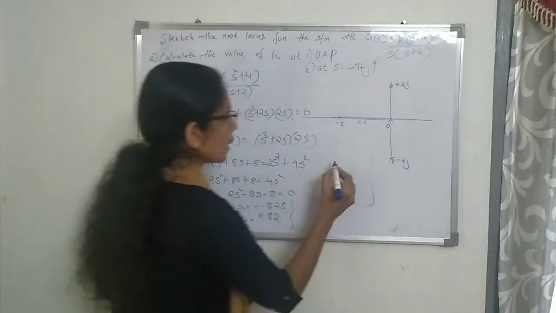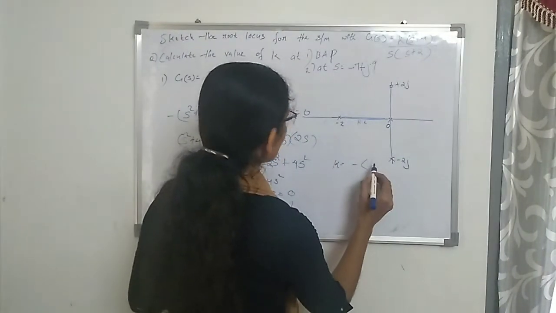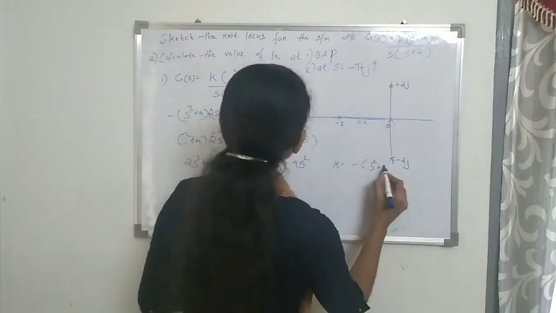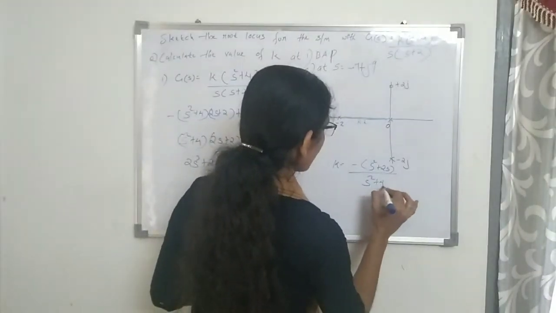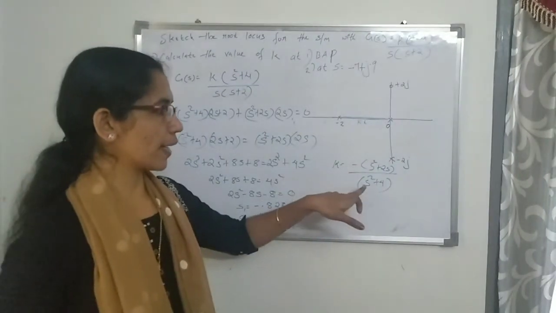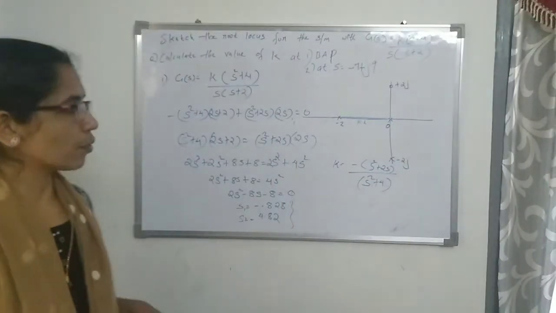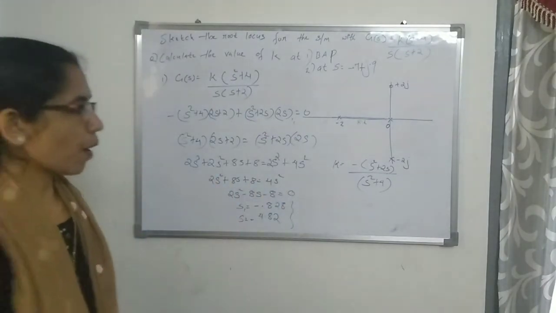We know the equation of K is equal to minus (s^2 + 2s) divided by (s^2 + 4). Find for which value of s this K is positive.